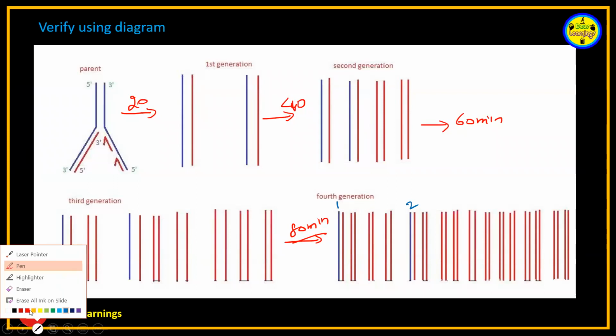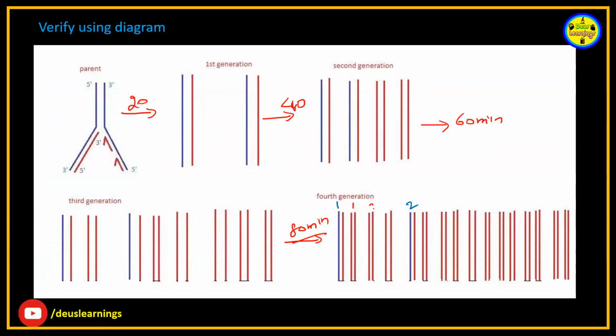And how many light strands? Light strands: 1, 2, 3, 4, 5, 6, 7, 8, 9, 10, 11, 12, 13, and 14. Okay, which means here you don't see any heavy one. So heavy is 0, the hybrid is 2, and the light ones are 14. Okay, so if you solve it, it's 0 is to 1 is to 7 again.